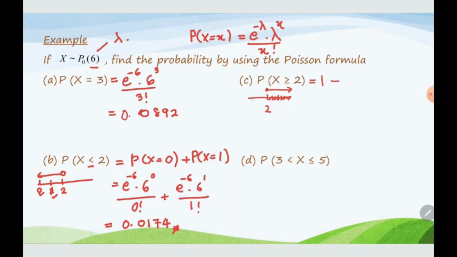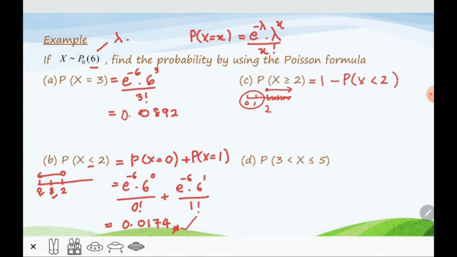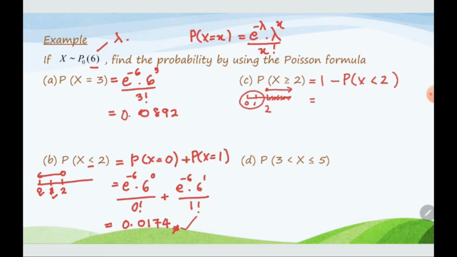But we have to minus the ones that are not included, which are 0 and 1, because 2 is included. So we need to minus P(X less than 2). P(X less than 2) we already calculated in part B, so we just take this value, 0.0174, and put it here. After we calculate, we will get 0.9826.